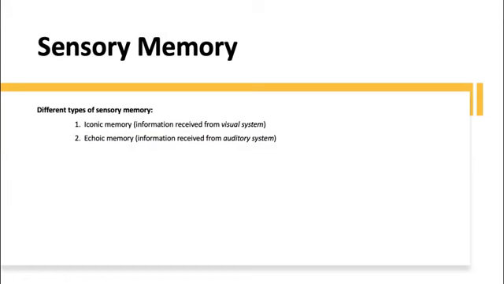Iconic memory is information that is received specifically from the visual system. So we're talking about any visual stimuli that you can see. Whereas echoic memory is information that is received from your auditory system. So any sound or auditory stimuli, anything that you hear. So these are the two types of sensory memory.